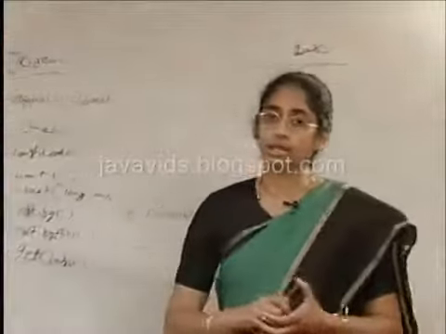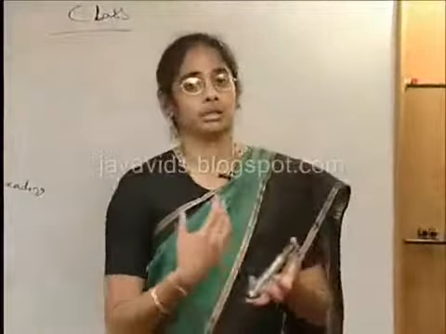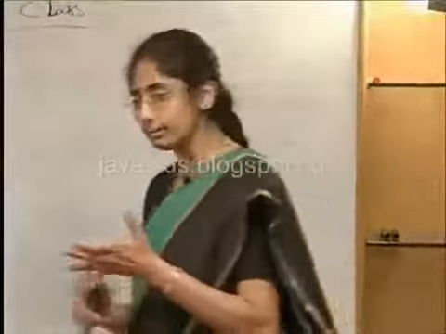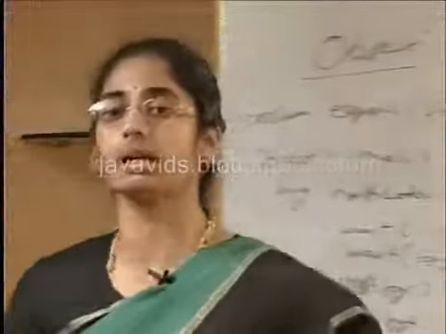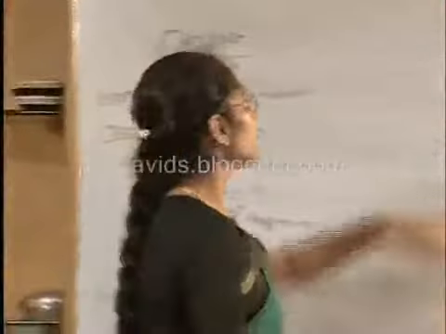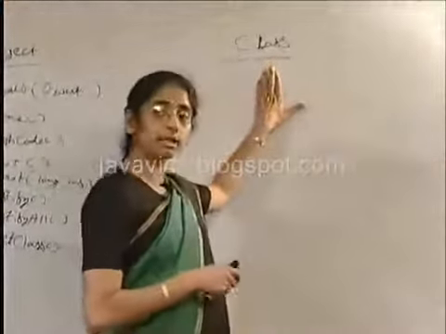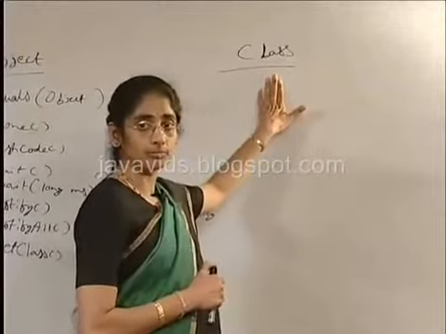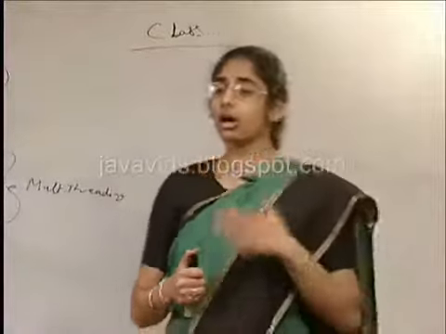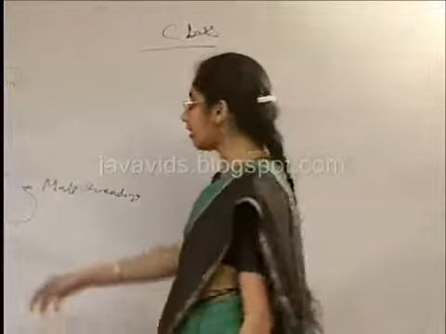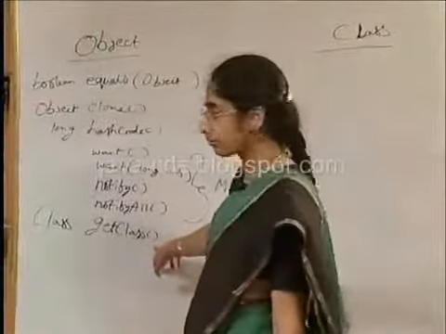For example, let's say I define class A and I would like to find out the contents of class A, like what are the variables, what are the methods, what is the name of the class, what is the scope of the class, what is the parent class for this class, etc. So I can find out by making a reflection on a class. I create an instance of class A. On that instance, I call the getClass method.